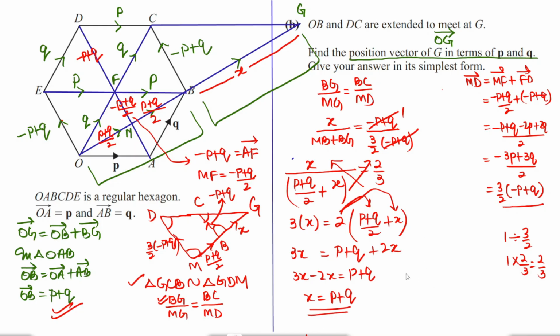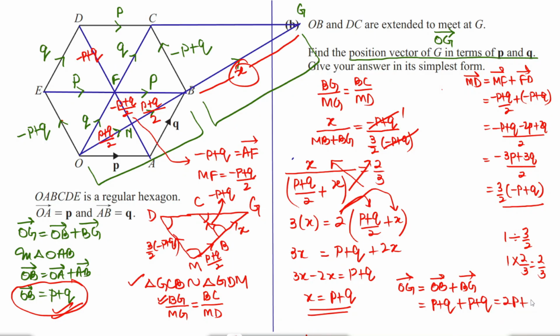What are we looking for finally? We are looking for the OG vector. OG vector is given by OB vector plus BG vector. OB vector we have found, that is p plus q, and BG is X. We have found X as p plus q, so the whole answer would be 2p plus 2q, and that would be taken as the final answer.